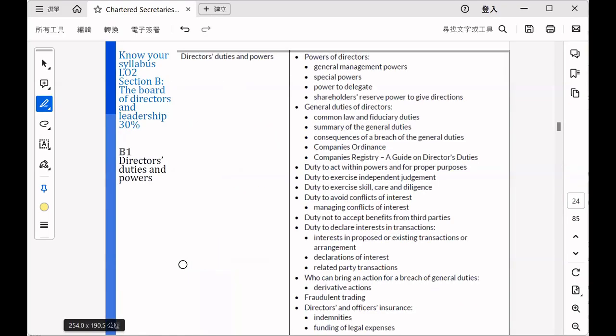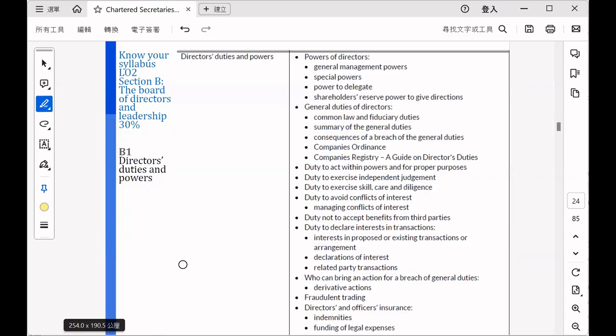Now, the first part, the B1 of these sections, is on director's duty and power. I would say that this section is very similar to some of the topics in company law.